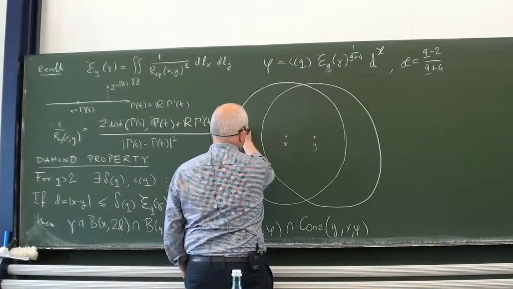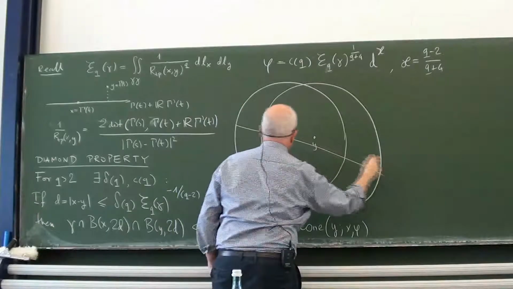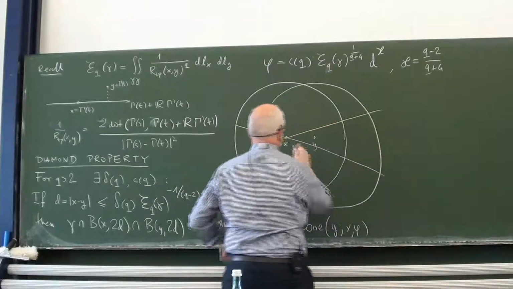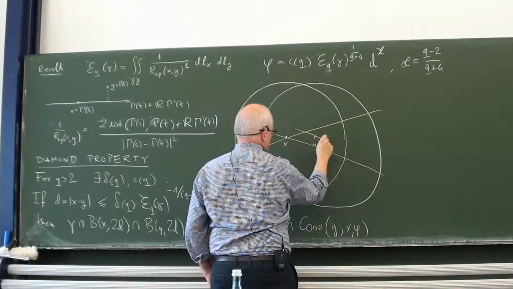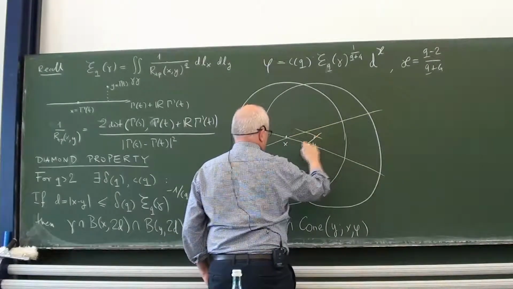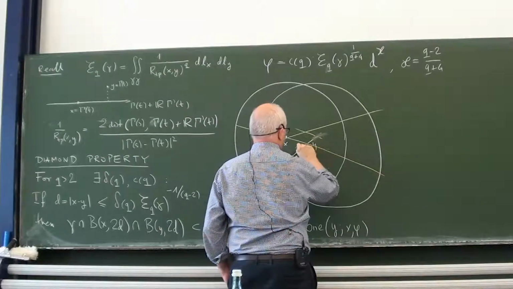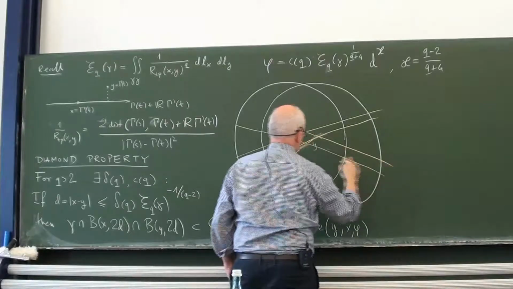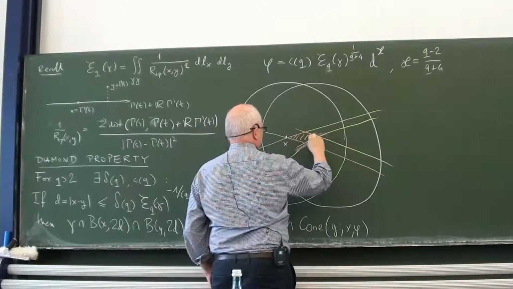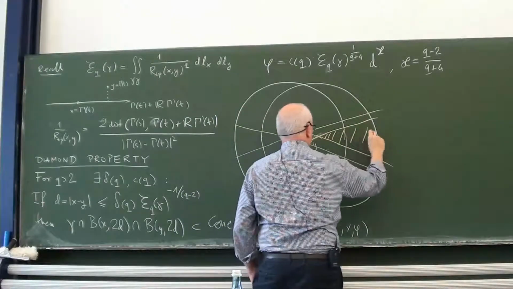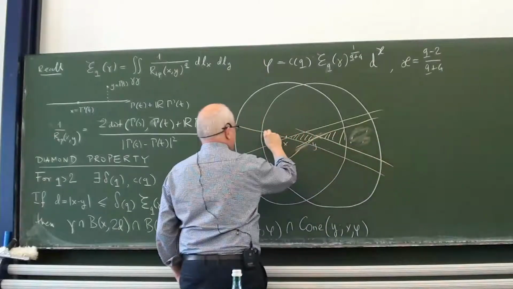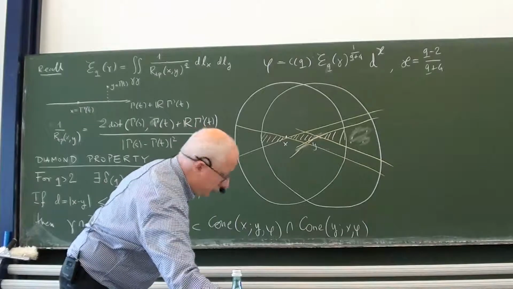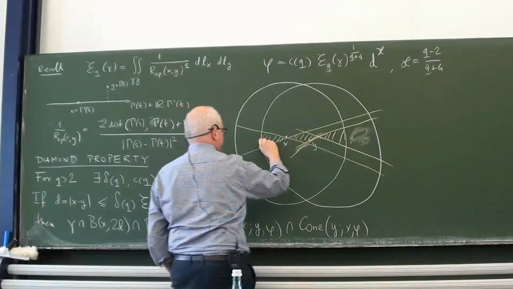So this is one cone, this is the second cone, should be parallel. So gamma has to be here and nowhere else.